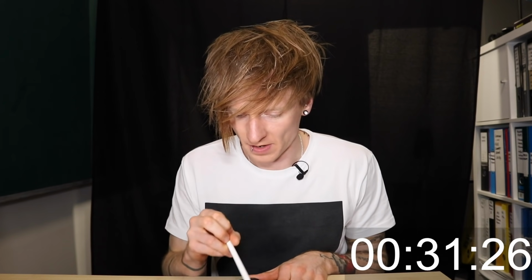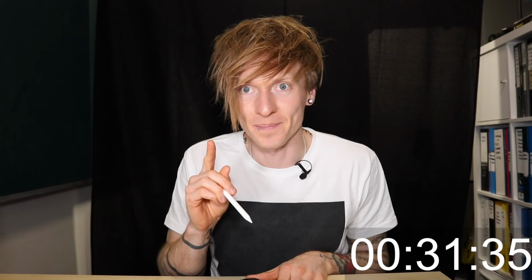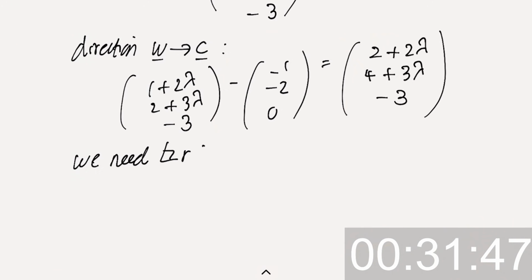Yes, because I've got 2 points. This is my general point on W, but I don't yet know lambda. But if I can make this line from C to W be perpendicular to W, then it'll be exactly the point that I want, and then I can get the distance. So we need perpendicular for the shortest distance.